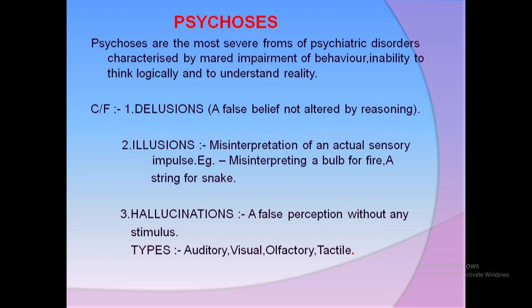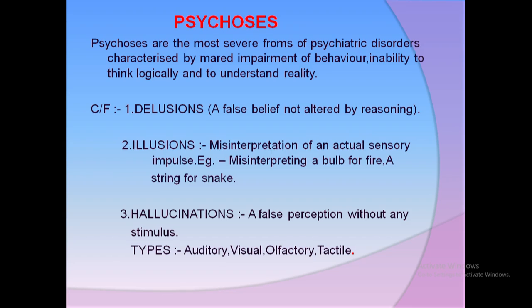It is further divided into different types: auditory, visual, olfactory, and tactile hallucinations. Auditory hallucinations. Patient hears some noises even though no sound is produced. Patient looks something although there is no object before their eyes.